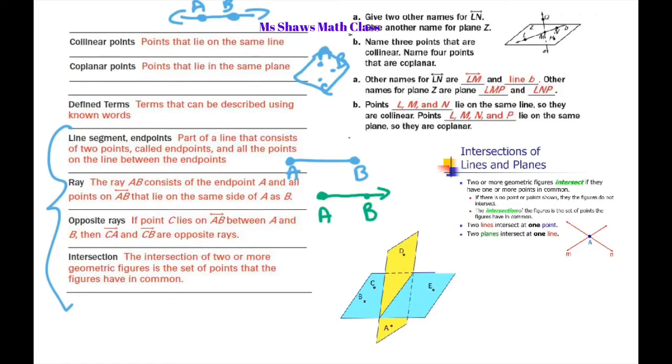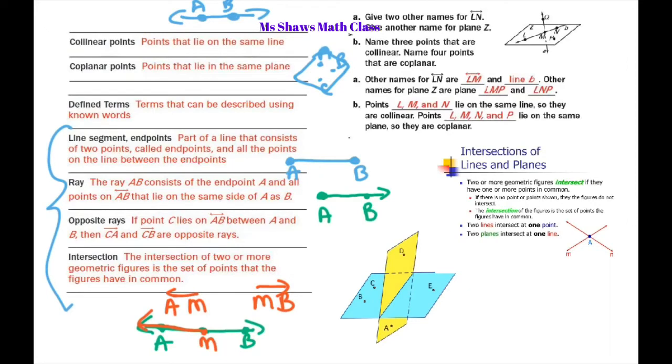Opposite rays would be like if you have 3 points, we can call this A, B, and let's put this as M. So this would be opposite rays. This ray AM is opposite ray MB.